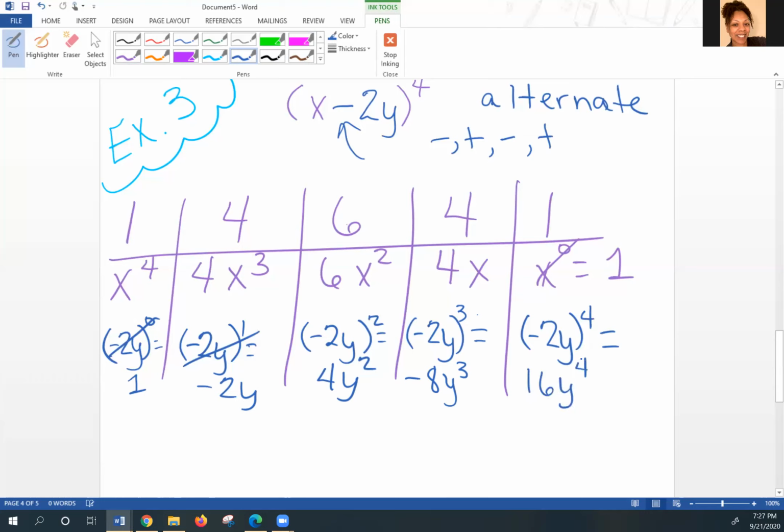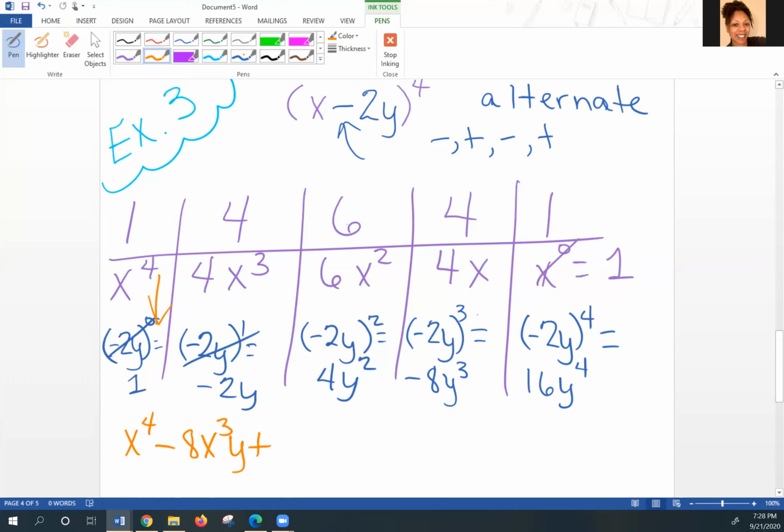Now doing your math going downward, x to the fourth times 1 is simply x to the fourth, and 4 times negative 2 is negative 8. This time, take this x cubed, put that first, and then that y, plus 6 times 4.